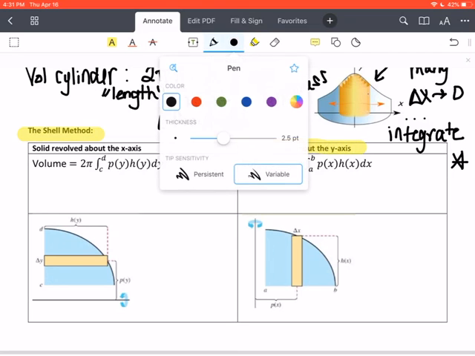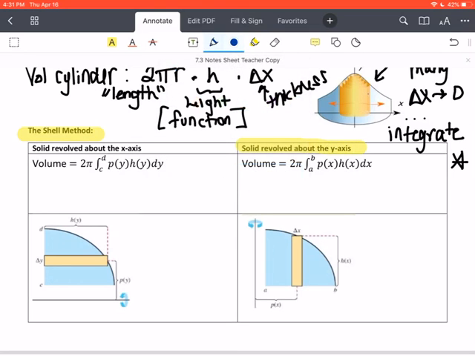If we're taking our solid and rotating it about the y-axis, we're going to relate it to 2 pi r times height, but our 2 pi is a constant, so this will always be a constant. And then we are going to take p of x.